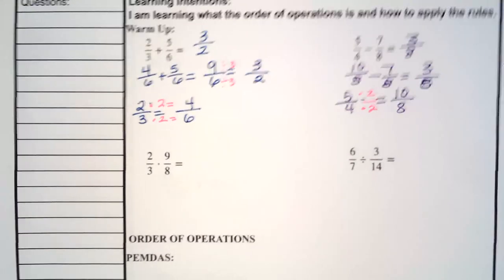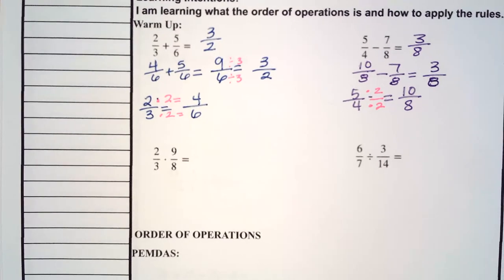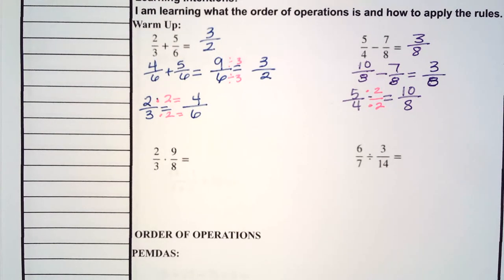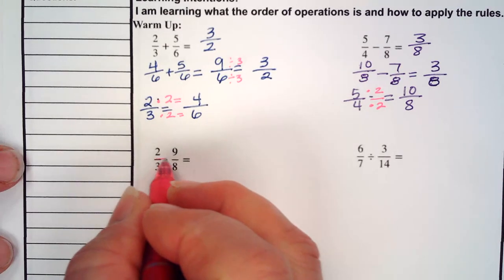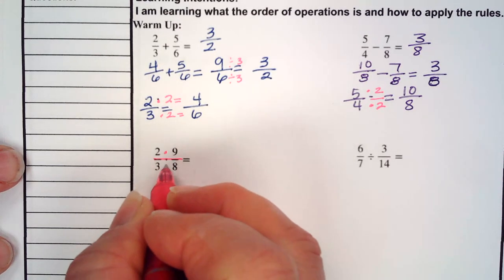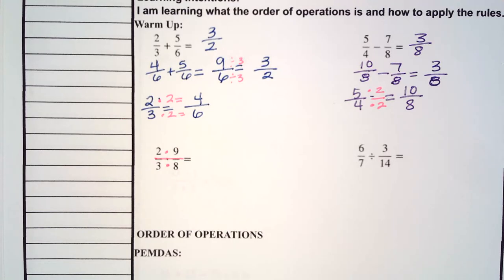Now, when you multiply, you don't have to worry about common denominators because you multiply straight across. Now I'm going to look and I'm going to think. I've got 2 in my numerator, and I've got 8 in my denominator. I know that 8 will divide evenly by 2.